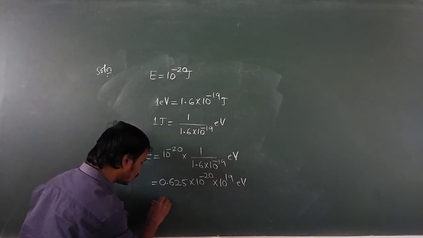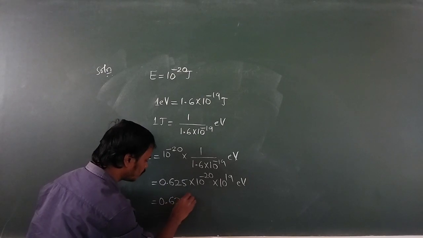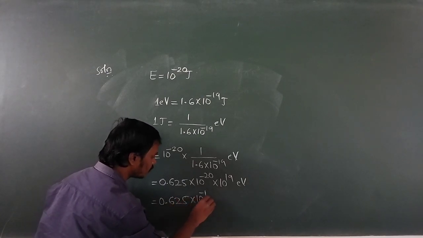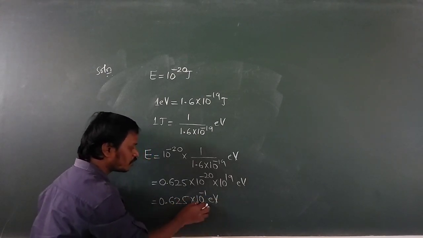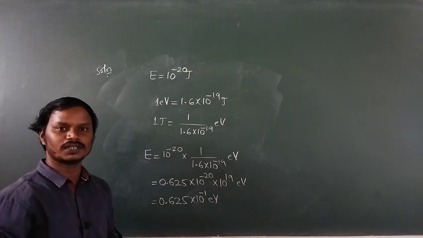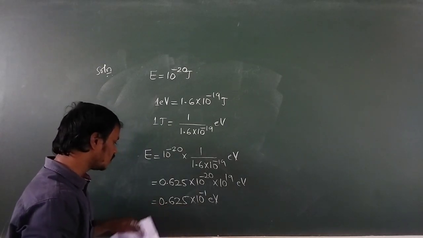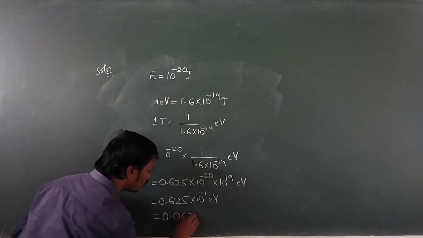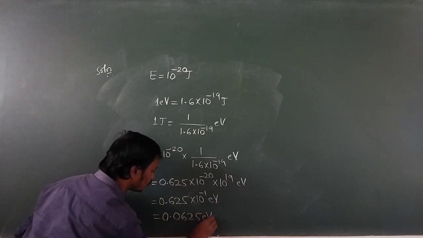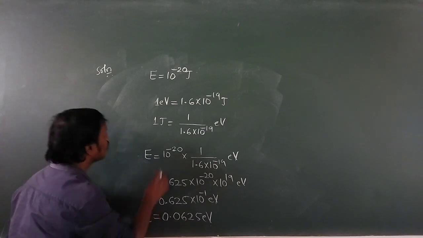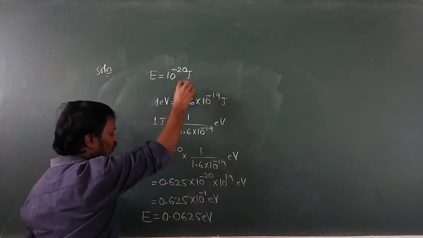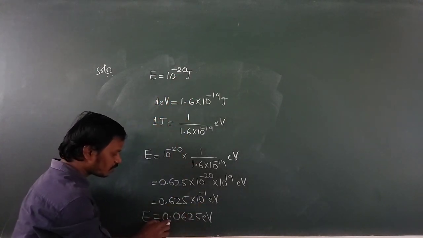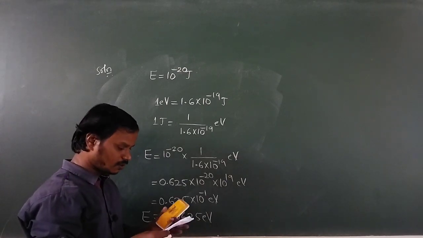So 0.625 into 10 to the power of minus 1. 10 to the power of minus 1 means 0.1. 0.1 into this number is 0.0625 electron volt. So 10 to the power of minus 20 joule in terms of electron volt is 0.0625 electron volt.